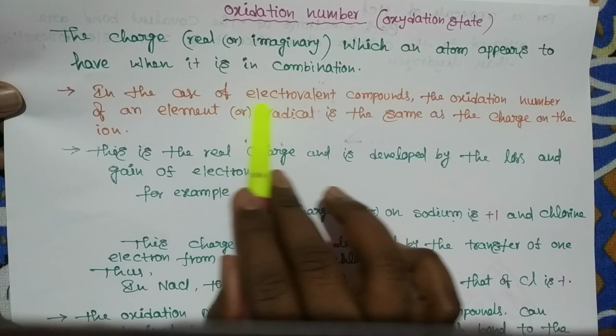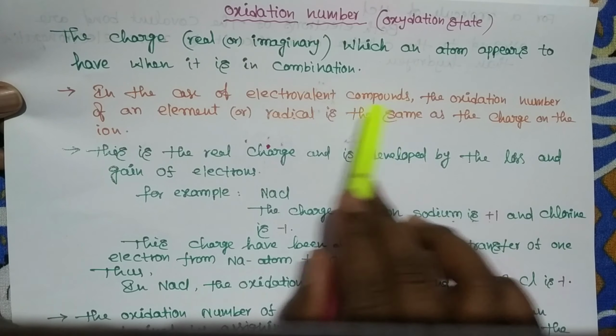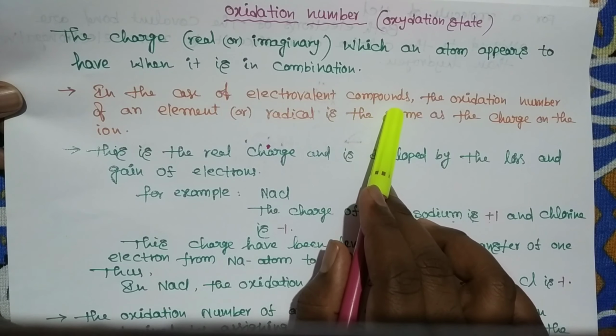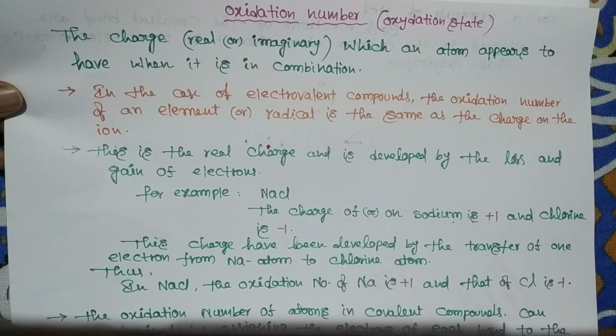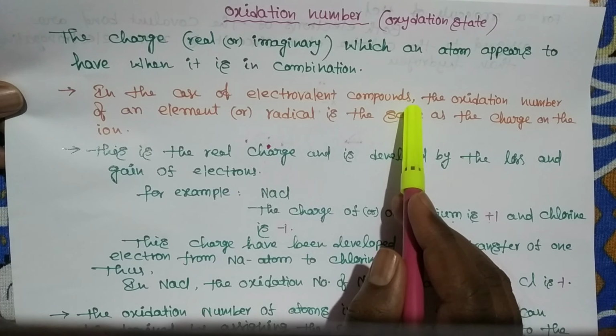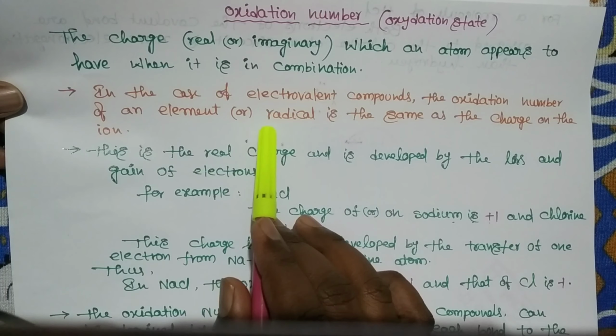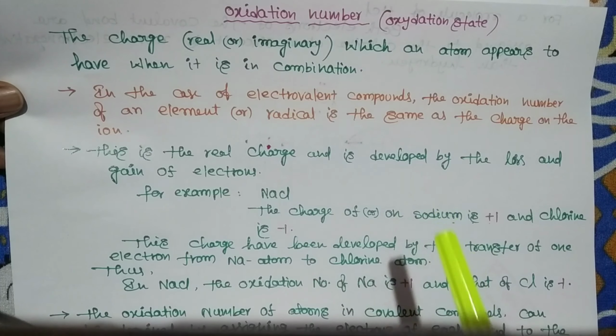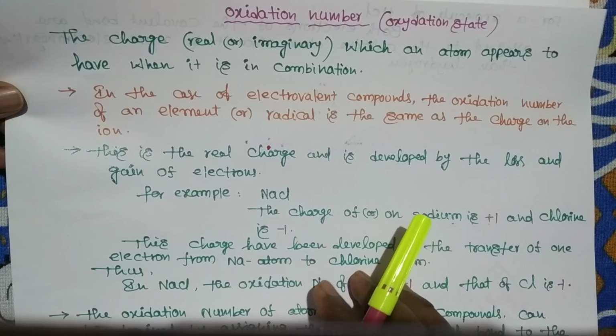In the case of electrovalent compounds, which are also known as ionic compounds, the oxidation number of an element or radical is the same as the charge on the ion.